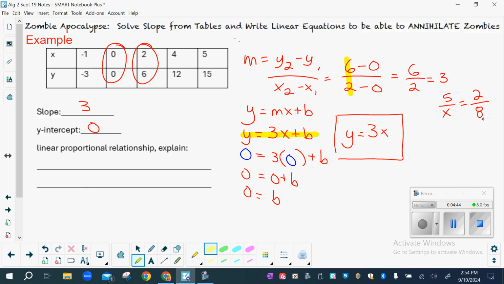Okay. What if it was y equals 3x minus 7? This would not be a linear proportional relationship. Why?